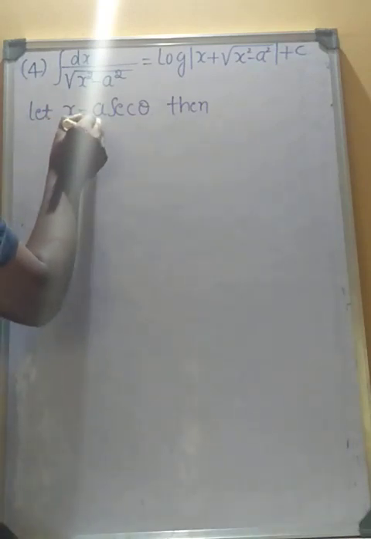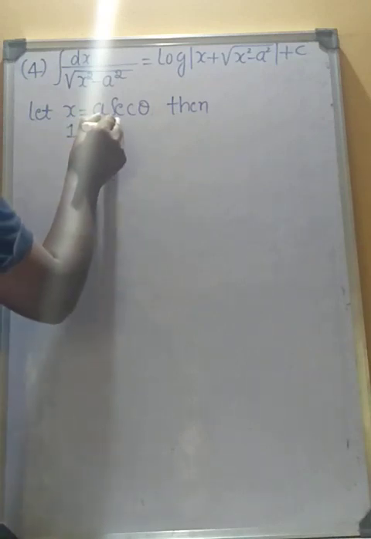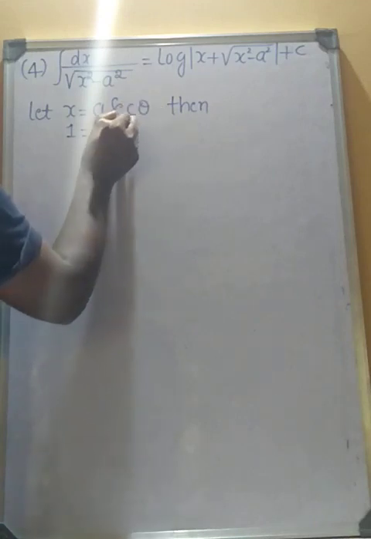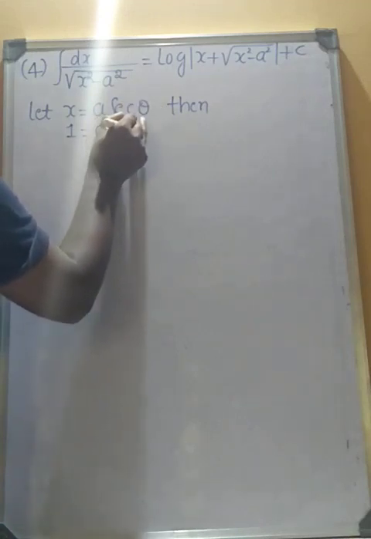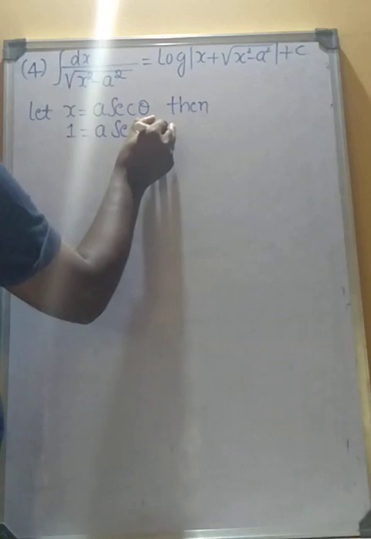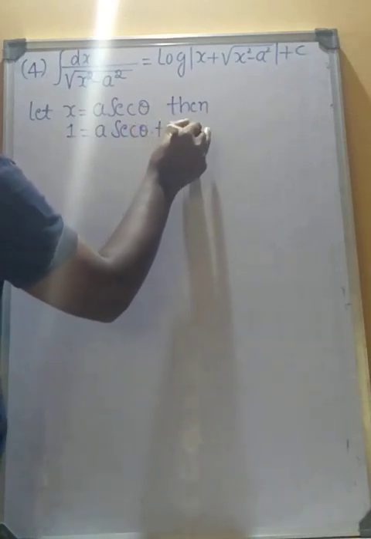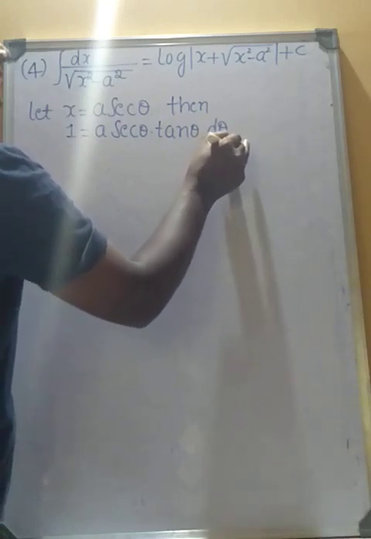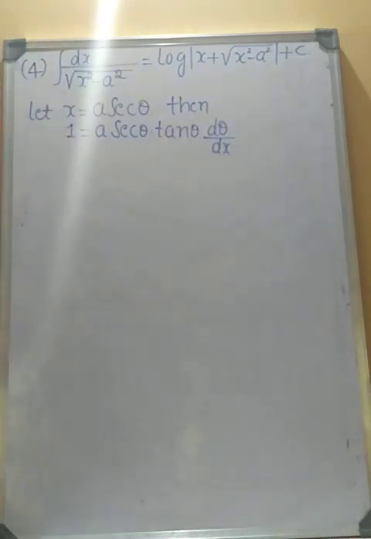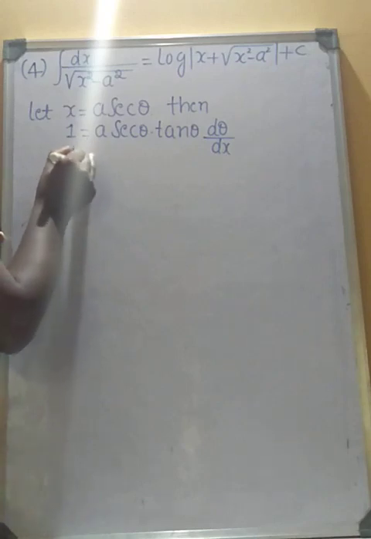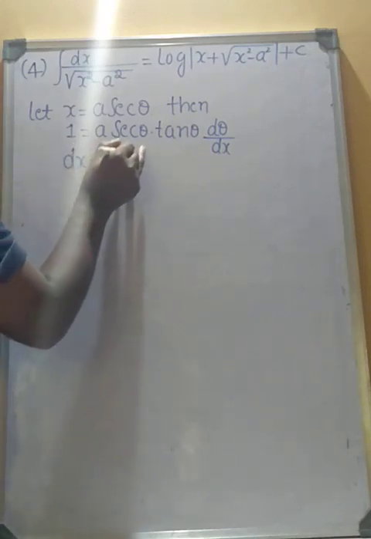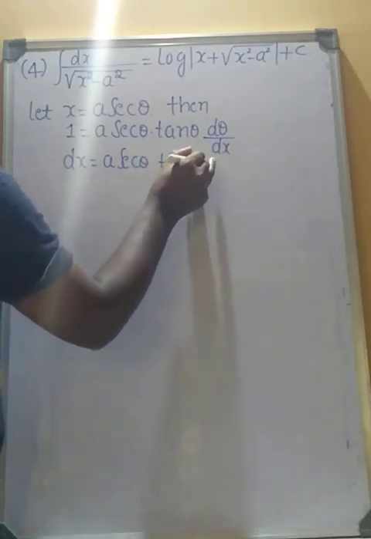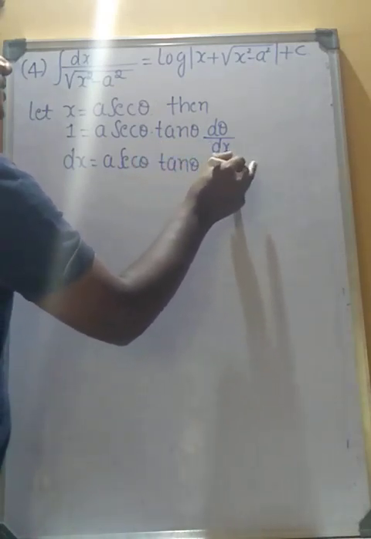D by dx of x is 1 equals a, a is a constant, d by dx of secant theta is secant theta into tan theta into d theta by dx. So therefore dx is equal to a secant theta into tan theta into d theta.